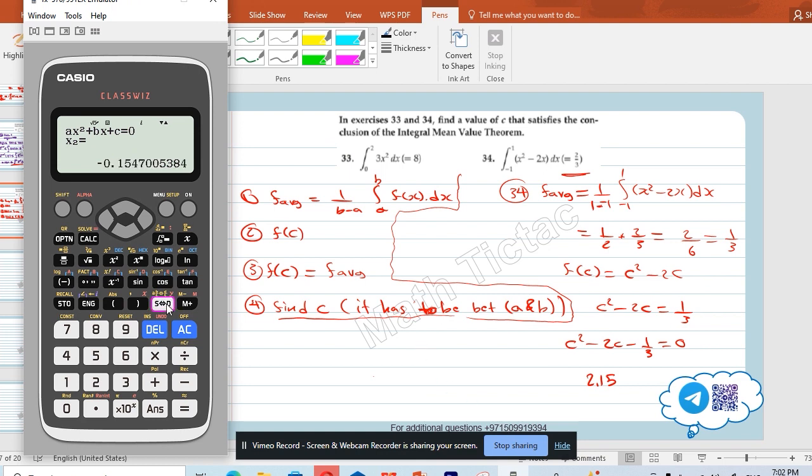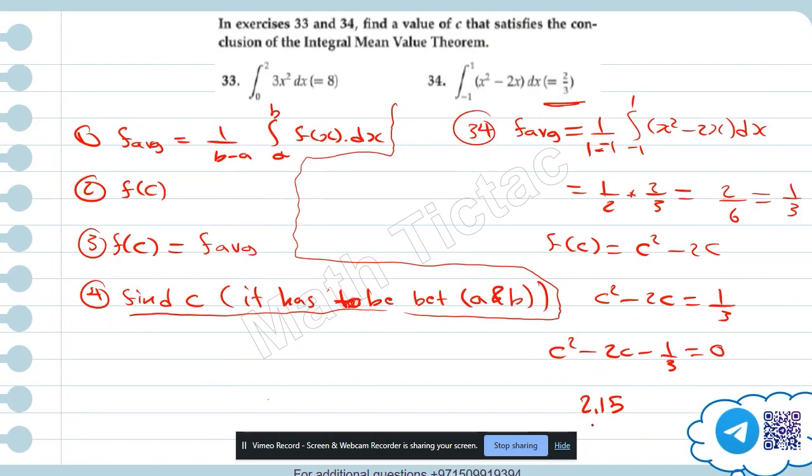So this is minus 0.154. I'll find which value is between these two values, between -1 and 1. Of course, 2.15 is not between them, but I will take the minus 0.154 because it's between them. So that's it. This is my answer for this question.